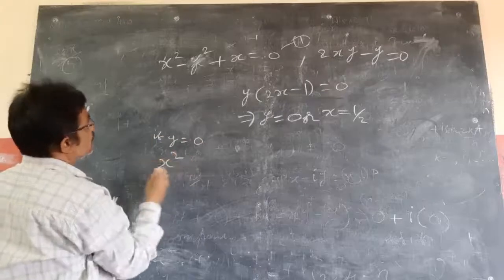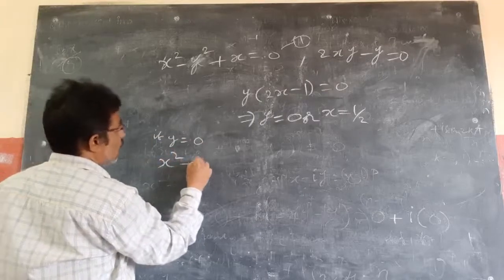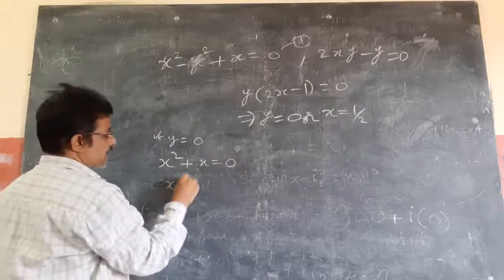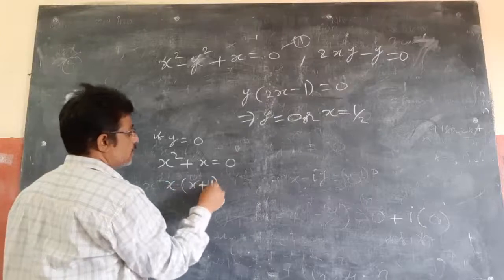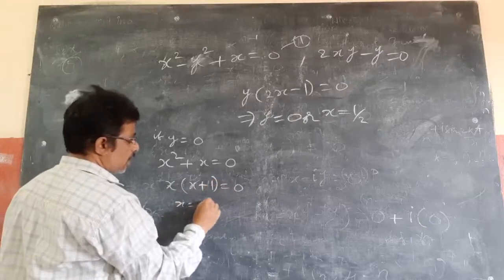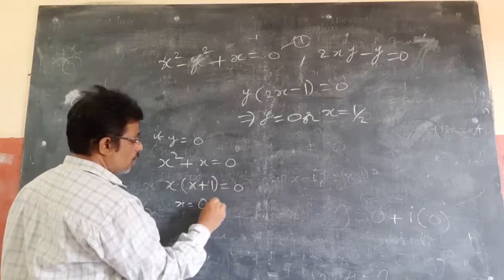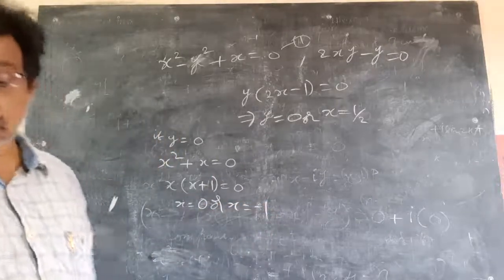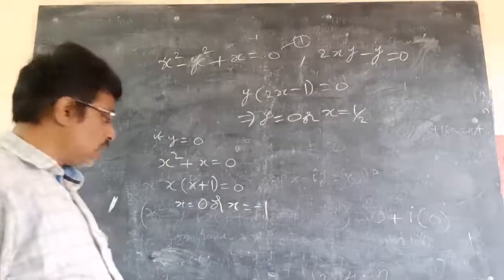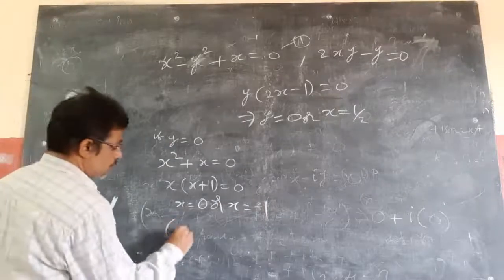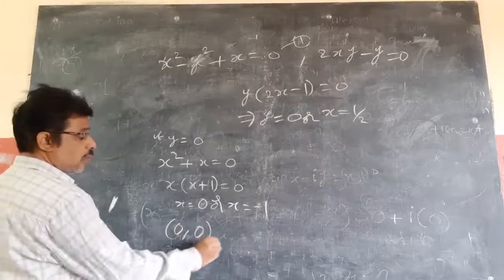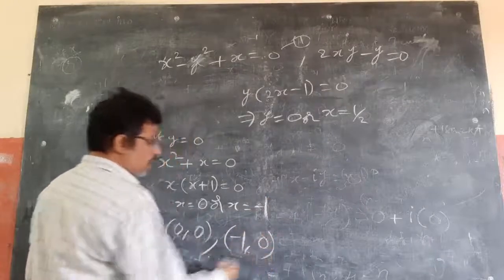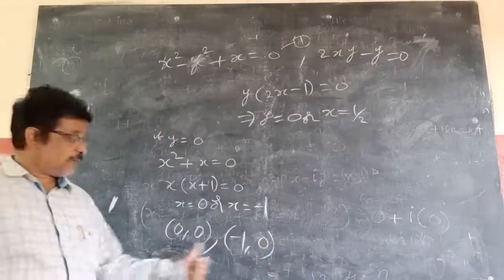X square minus 0 plus x equal to 0 implies, if I take x common, x into (x plus 1) equal to 0. Means either x equal to 0 or x equal to minus 1. Corresponding to y equal to 0, I have two values: x is 0, y is 0, or x is minus 1 and y is 0. This is one set of solutions.